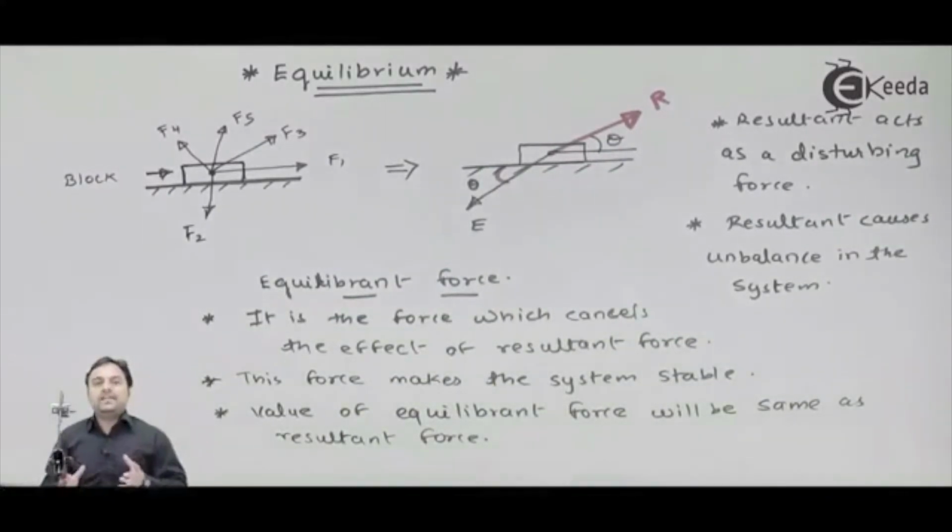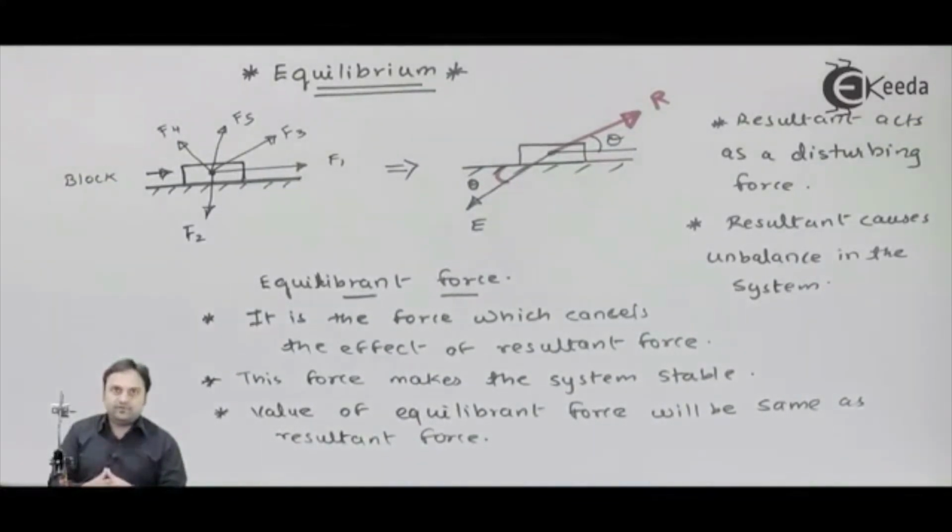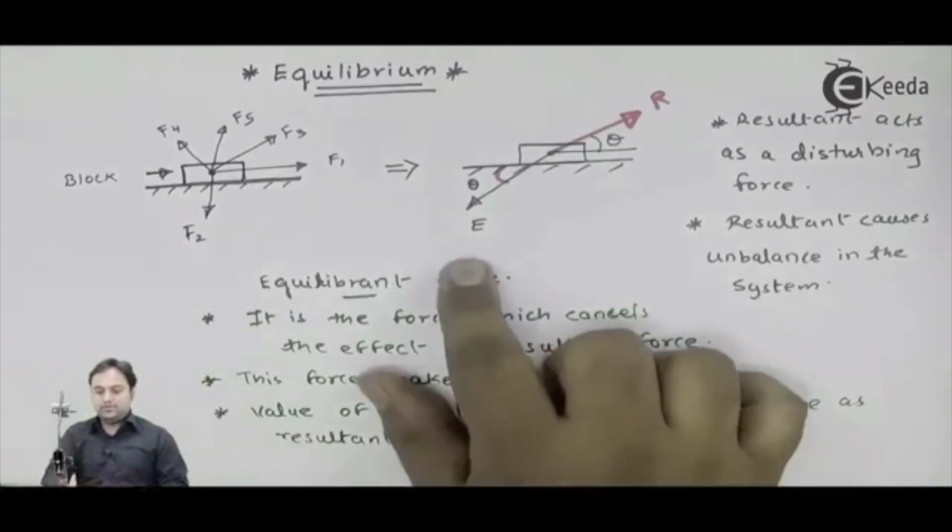It avoids any external disturbances on the system, like it would be avoiding all the unbalanced forces in the form of resultant. It would be cancelling their effect. Means equilibrium condition is that condition in which system remains stable without any disturbances, without any unbalanced forces, and that is made possible by the equilibrium force.